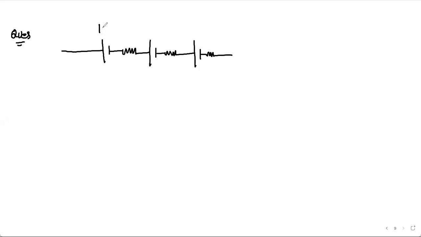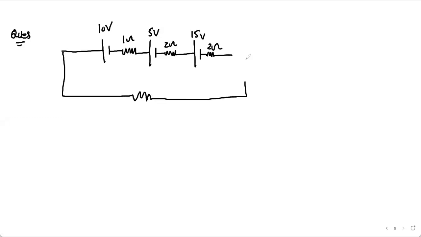So you have a first cell of 10 volt. Its internal resistance is, let's say, 1 ohm. Then you have a cell of 5 volt. Its internal resistance is 2 ohm. Then you have a cell of again 15 volt. Its internal resistance is 2 ohm. You connected this to an external resistor of 10 ohm.